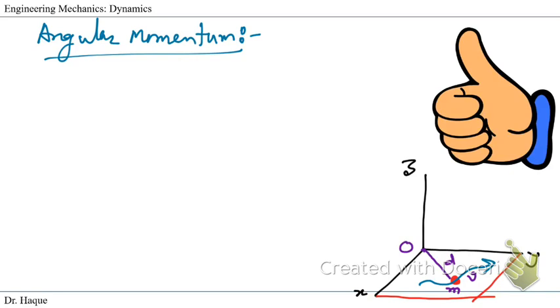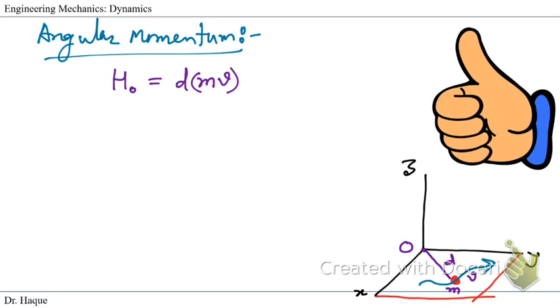So the angular momentum, which we define by H, equals, in the scalar version, d times mv. This is the momentum, and when you multiply with the distance, this is the moment of a momentum.